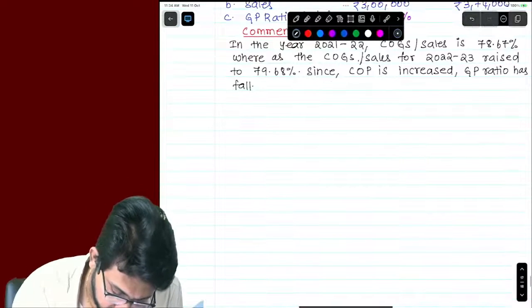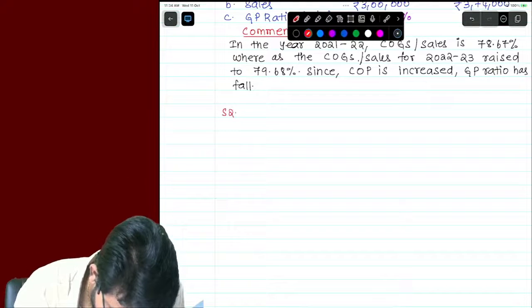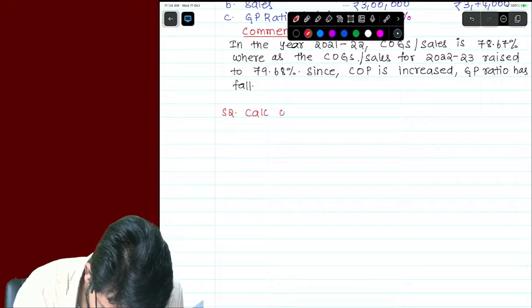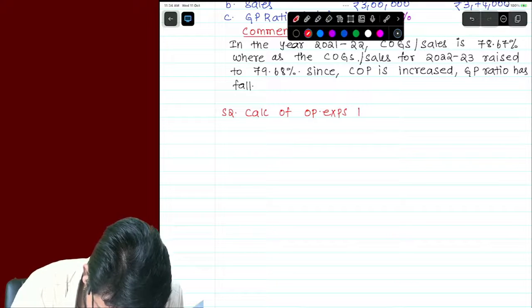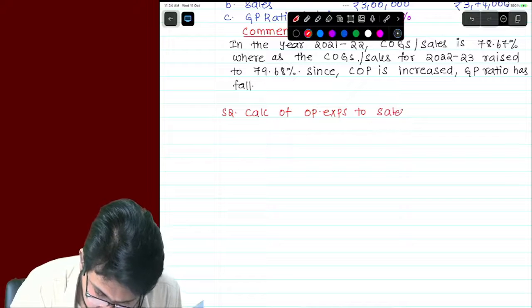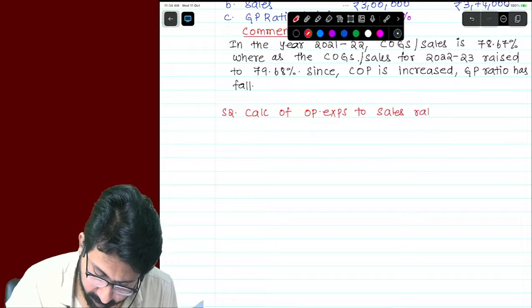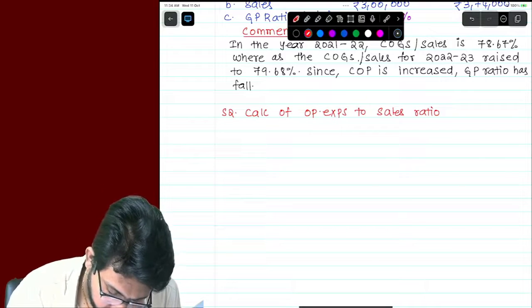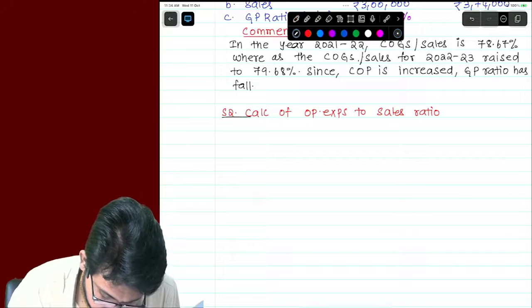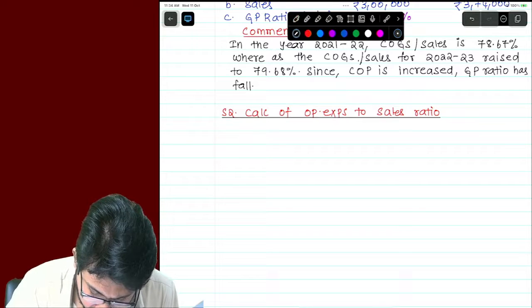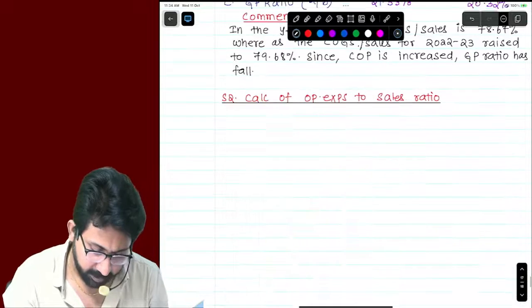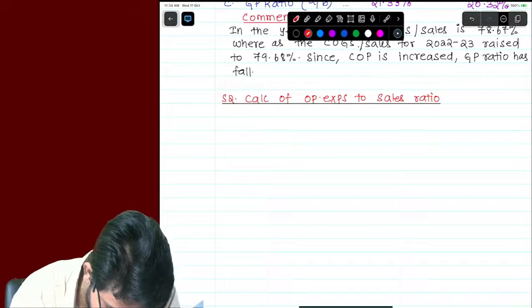Step 2. Operating expenses to sales ratio.